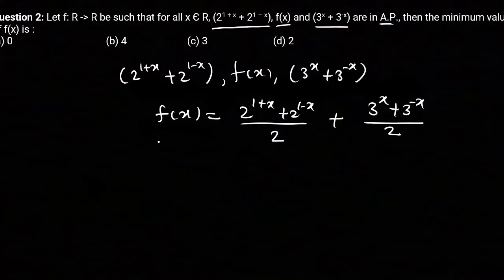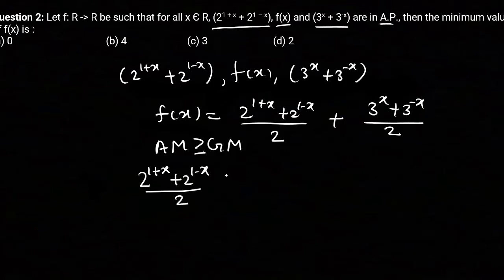So because AM is always greater than or equal to GM, then we can say that 2 raised to the power 1 plus x plus 2 raised to the power 1 minus x upon 2 is greater than or equal to the geometric mean of these terms, if these terms are in GP, and then the common ratio will be 2 raised to the power minus 2x.